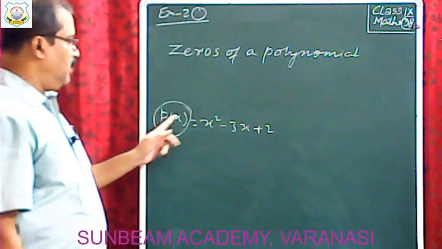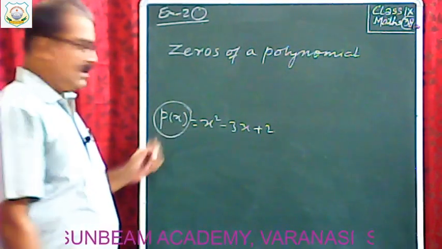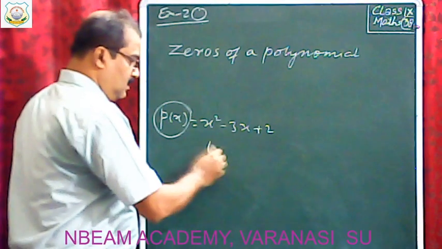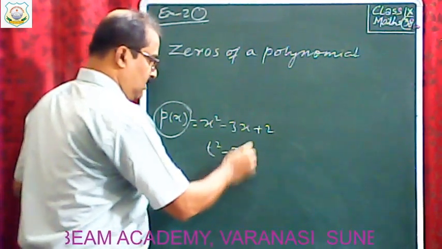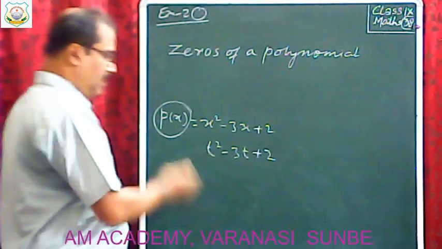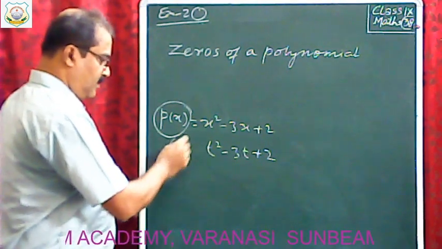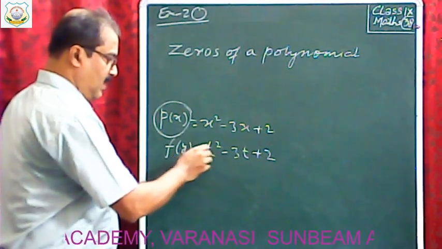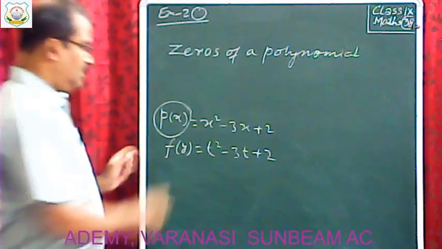P(x) means polynomial in terms of x. Suppose t square minus 3t plus 2 is given, you may write f(t), means polynomial in terms of t.